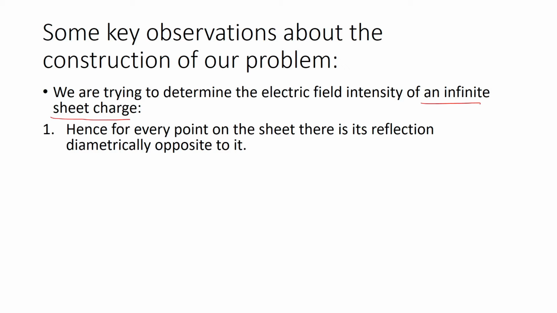Let me explain how. An infinite sheet of charge is formed by varying rho from 0 to infinity and phi from 0 to 2 pi.